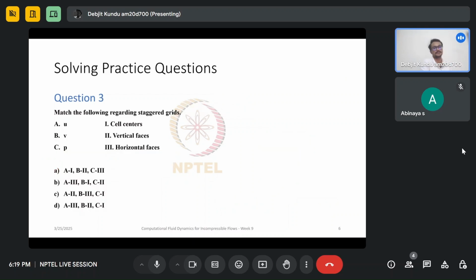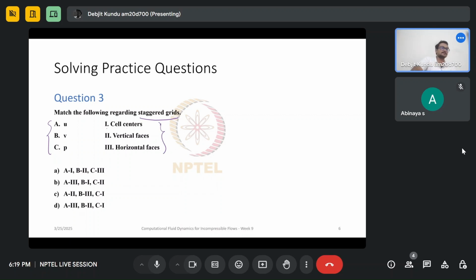We'll move on to question number 3, which is a match the following type of question, and it's regarding staggered grids once again. So if you look at this carefully, we have variables u, v, and p in the left column, whereas in the right column we have the different locations where these variables can be stored.